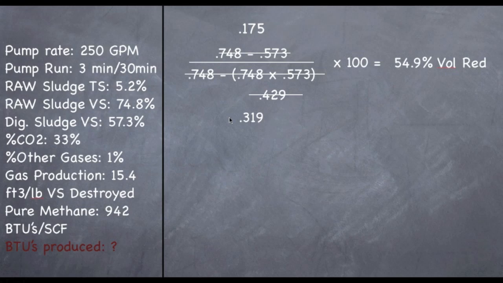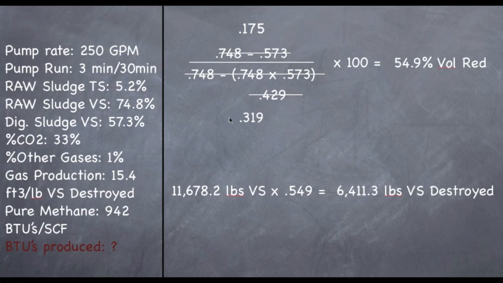So what we need to do is multiply that 11,678.2 pounds by 54.9%. And that'll tell us how many pounds we're destroying in the digester and converting to gas. When you do that, we get 6,411.3 pounds of volatile solids destroyed in the digester and then converted to gas. So we know how much we're destroying in the digester.